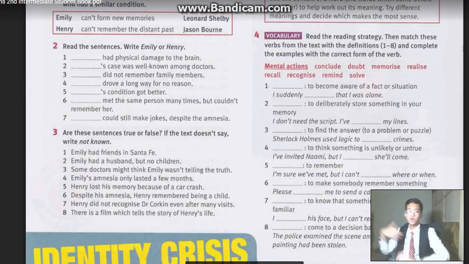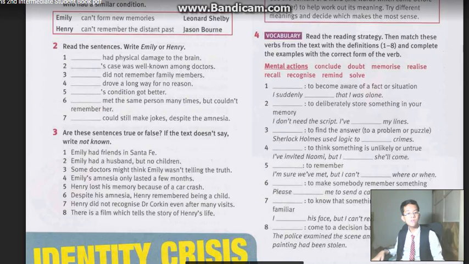Okay, so you have to solve a crossword, right? If you want to find out the answer, you have to solve it. So solve is a word we have to fill in. Solve is to find out the answer to a problem or a puzzle or a crossword. Figure it out.